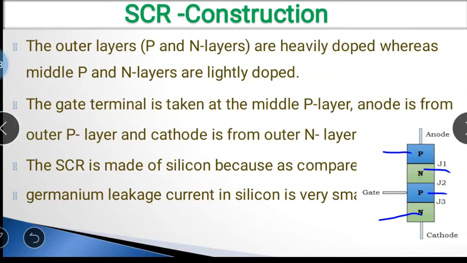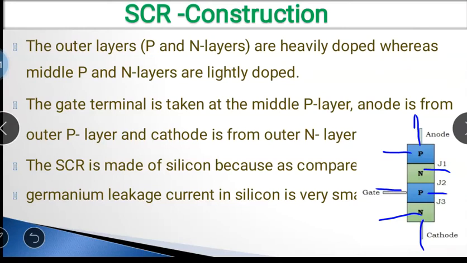The gate terminal is taken at the middle P layer, the anode is taken from the outer P layer, and the cathode is taken from the outer N layer.